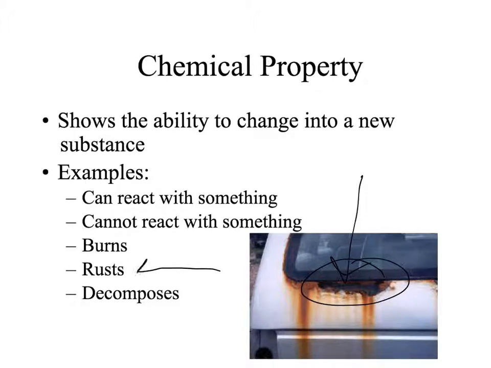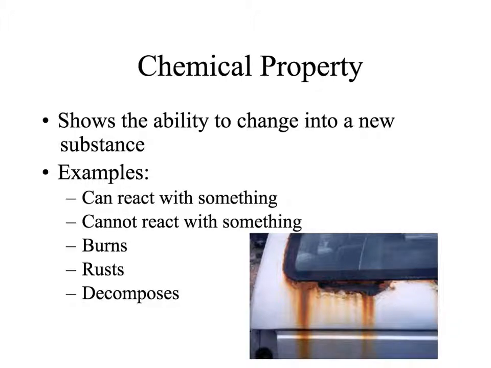The fact that it can rust really means that it can react with the air, the oxygen outside, and create a new compound that we call rust. I believe it's iron(II) oxide is what rust is. But anyways, if an object can react with something, or if it cannot react with something, that explains its chemical property. It's all about whether it can or can't create and become a new substance.